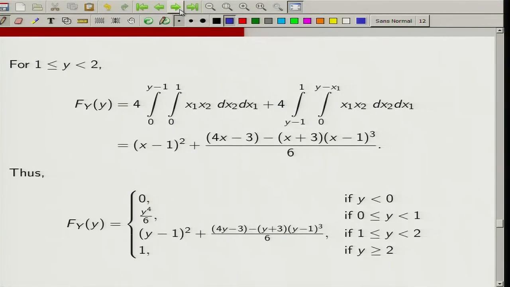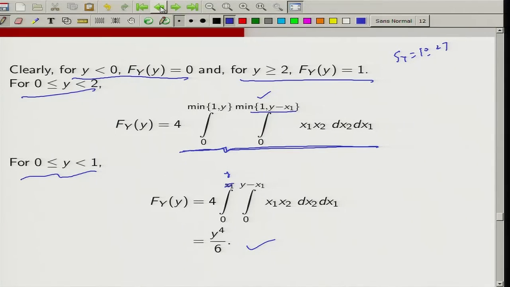Let me repeat it once again over here. If y is between 1 and 2, that means y minus 1 is greater than or equal to 0 and less than 1. In this case, since y is bigger than 1, this range would be from 0 to y.